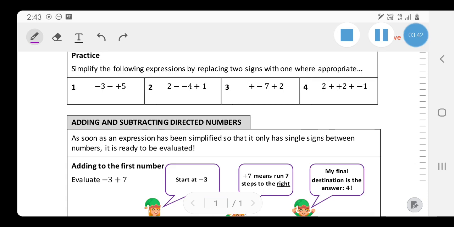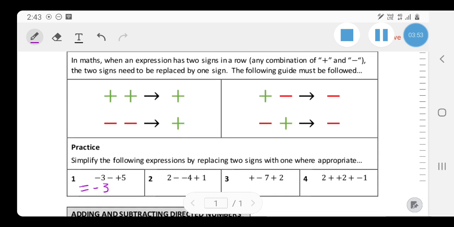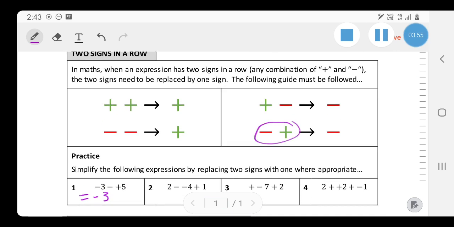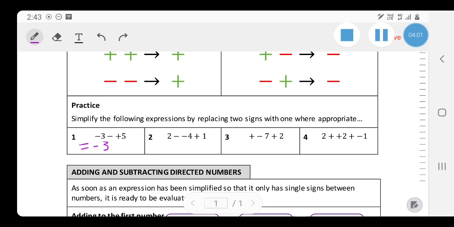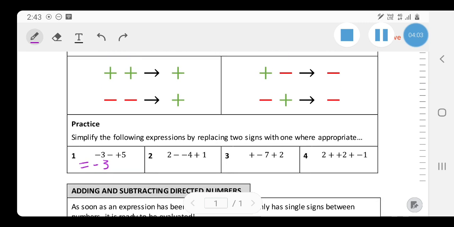All right, question 1. Minus 3 minus plus 5. Well, that equals minus 3, and then we look at our diagram. A minus sign and a plus sign can be replaced by a single minus sign. So we go back to our question and we rewrite minus 3 minus plus 5 as minus 3 minus 5.